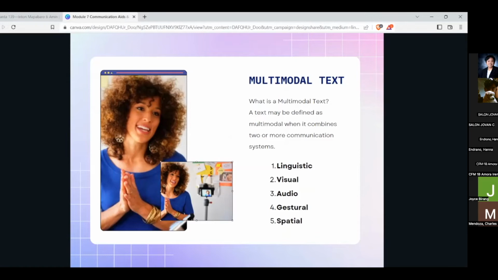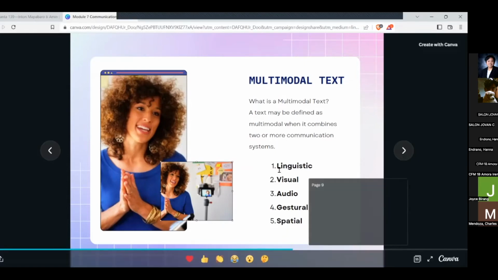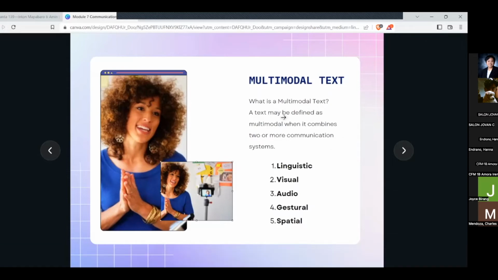So again, multimodal is a combination of two or more modes. When we have a textbook that doesn't have pictures, it is just text, no pictures. That is single modal. That's the difference. But if it has pictures, you added a visual mode along with the text, the linguistic, then it is already multimodal.